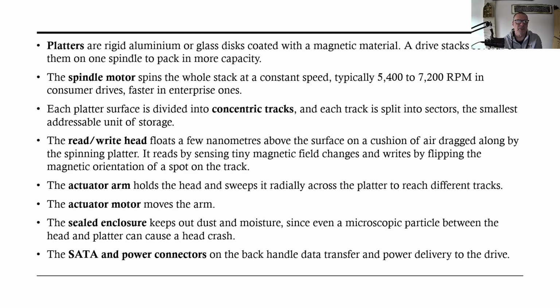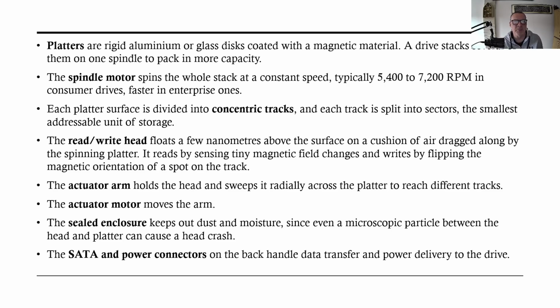So platters are rigid, they're made of aluminium or glass, and they're coated with a magnetic material. You can have multiple discs or platters around the spindle to give you extra capacity. The motor spins the whole thing at constant speed.